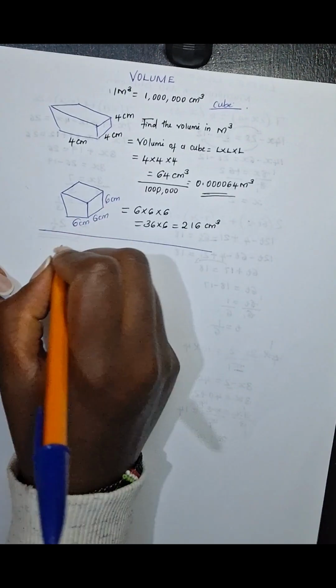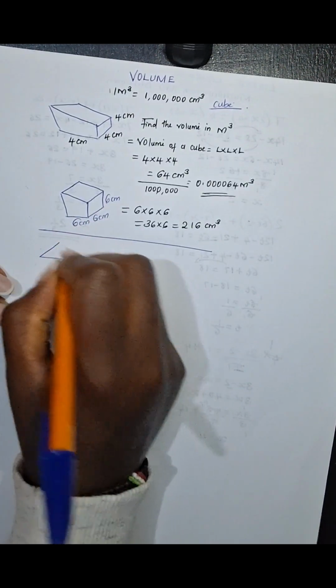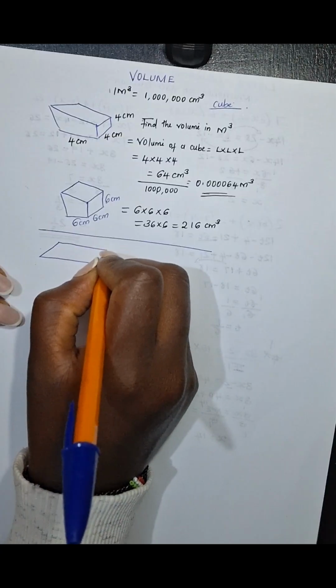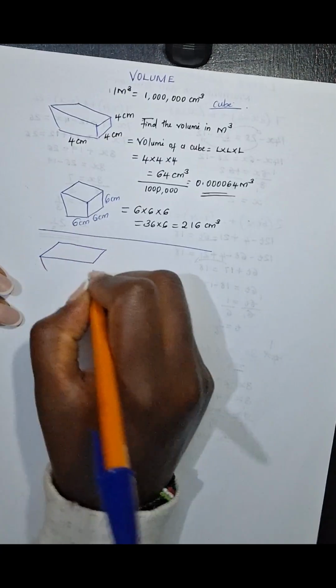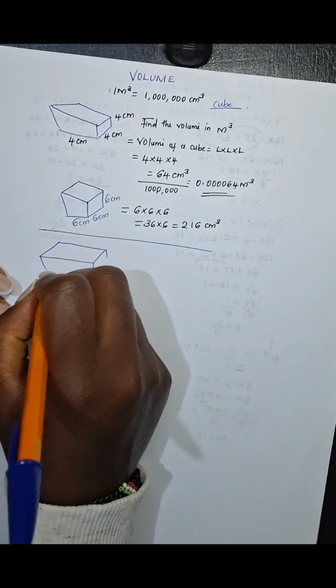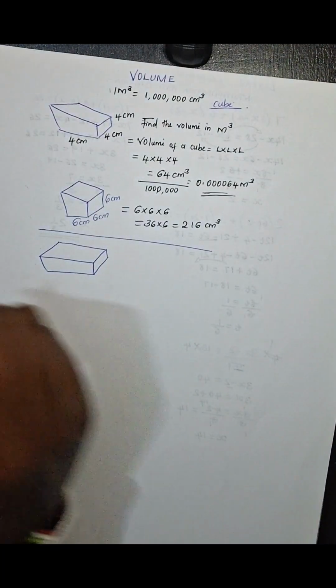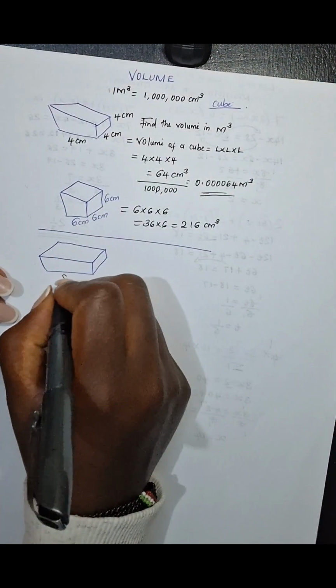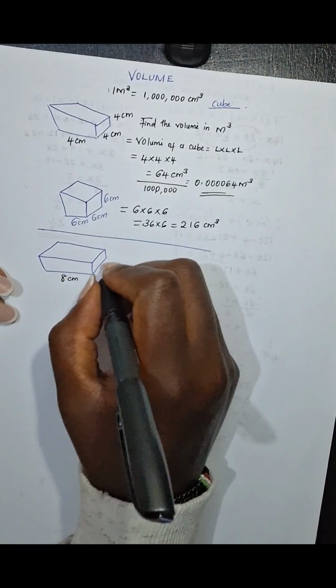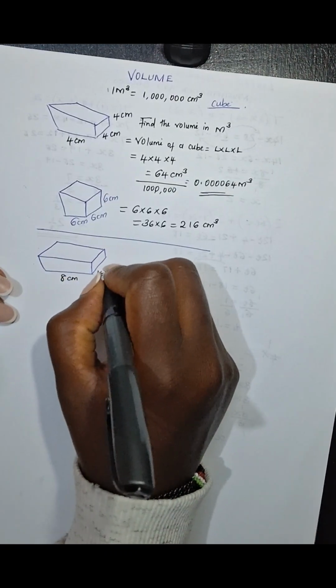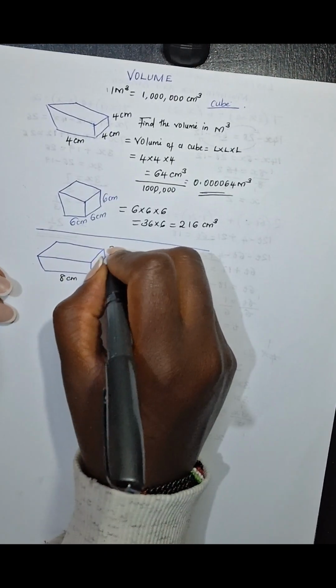So assume that we have a cuboid. A cuboid looks like this. Okay, that is a cuboid which has a length, has a width, and has a height.